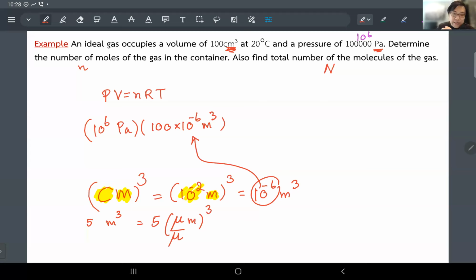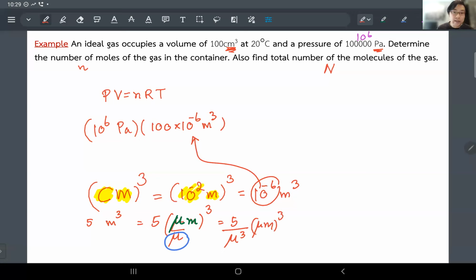And then I'm just going to keep that micrometer here, just leave it there. So what I'm having out here is just another extra micron factor that gets cubed and is dividing 5. So what I'm having over here is 5 over micron cube, and then I have the cubic micron.